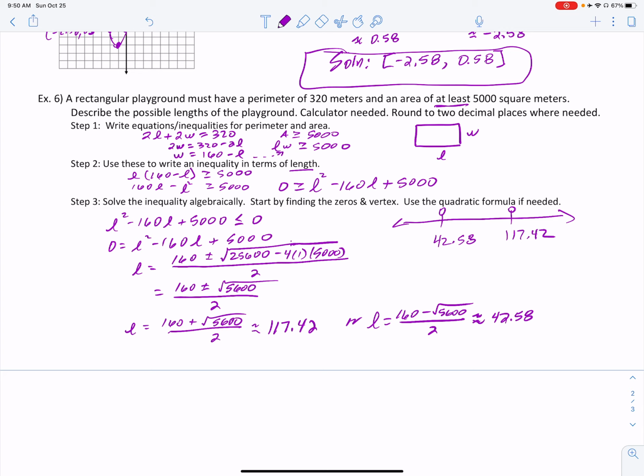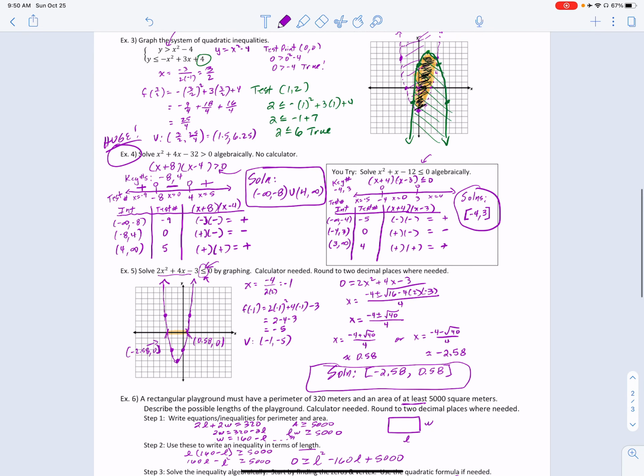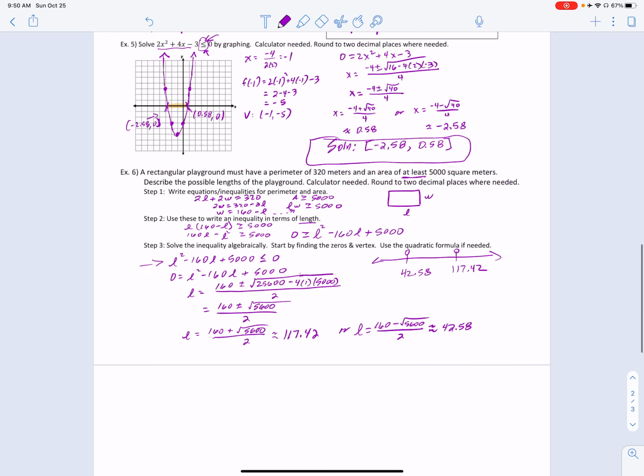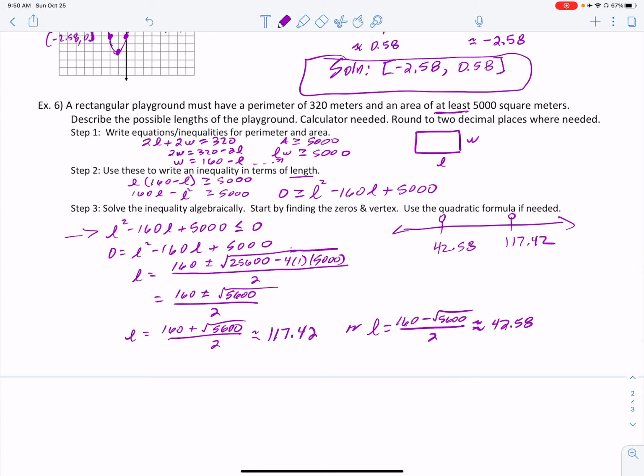Since I'm looking at this expression right here, I know it's a parabola that's going to open up. Now, you have to have tables of values on these where I'm saying algebraically no calculator. On this one, I'll let you go ahead, and there's enough going on here. It's a parabola opening up, so I expect that these are the zeros. It's opening up, so it's going to go positive, negative, positive.